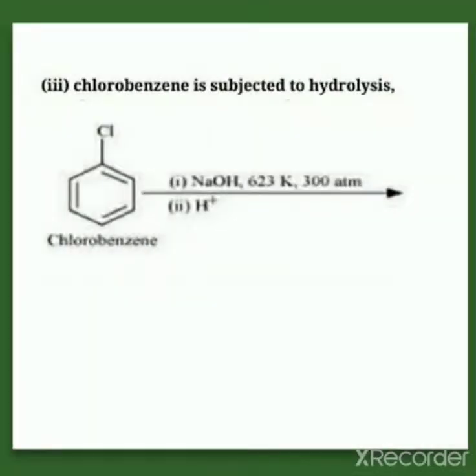Next equation: chlorobenzene is subjected to hydrolysis. It is subjected to hydrolysis, which means the reaction is a nucleophilic substitution reaction. Chlorobenzene is a haloarene. As we have discussed, the nucleophilic substitution reactivity of a haloarene is lesser compared to the alkyl halide.